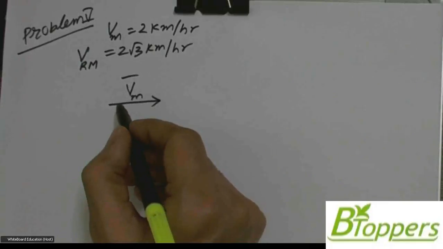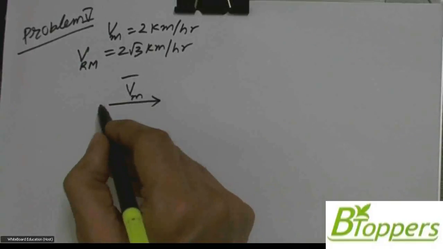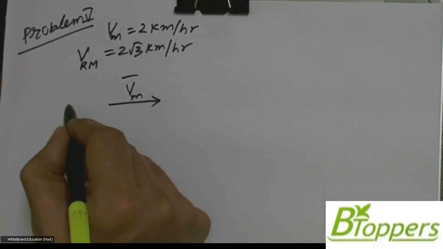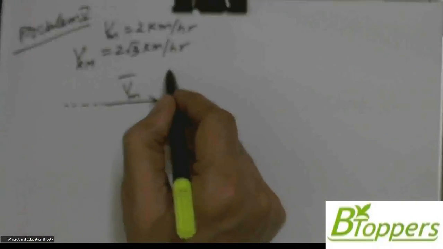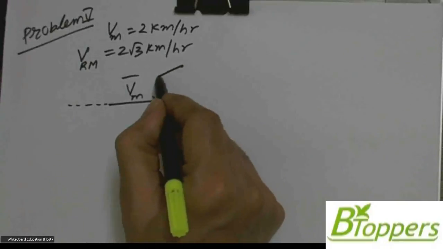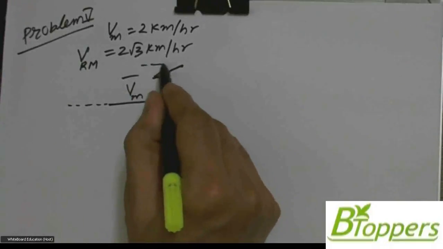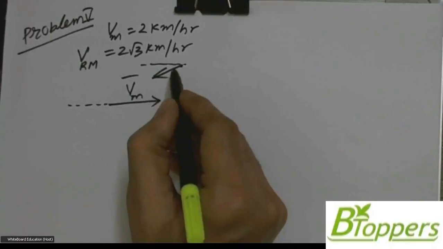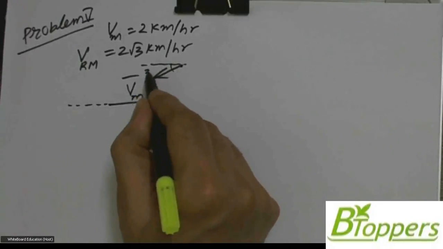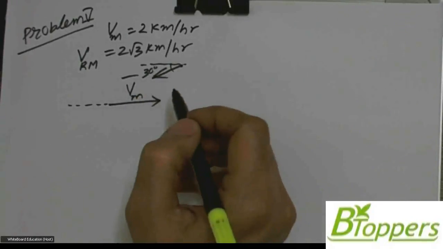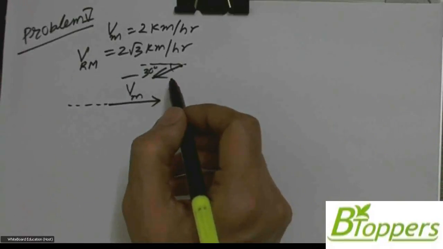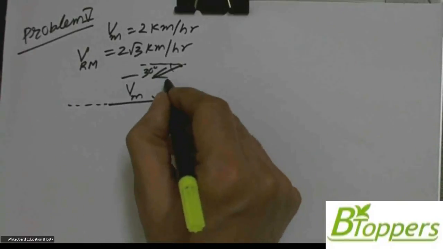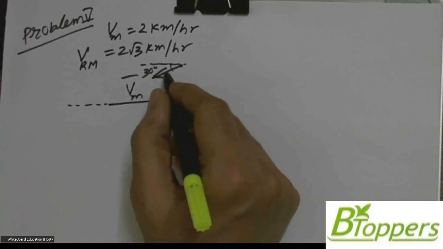So the raindrops appear to fall at an angle of 30 degrees with the horizontal from the front. That means raindrops appear to fall in this direction, at an angle of 30 degrees with the horizontal from the front.